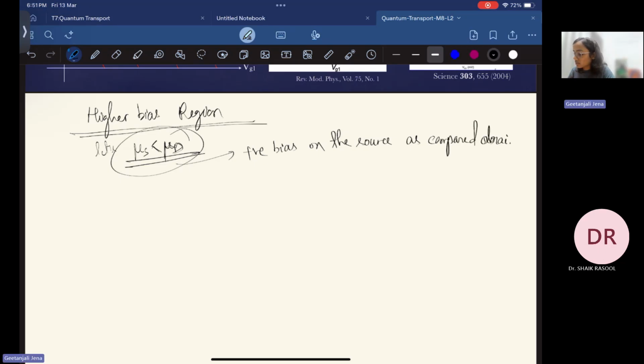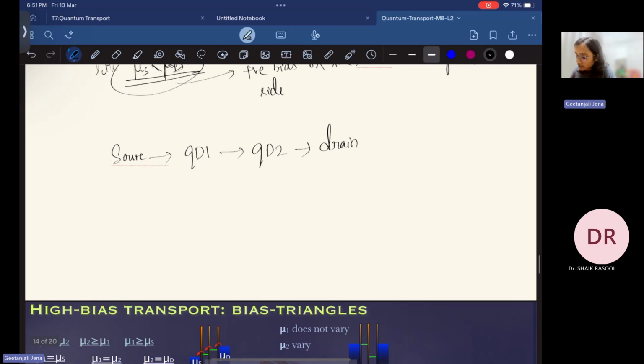So when we apply the positive bias, it will lower the energy levels of the source side or the drain side. Depending on that, the chemical potential will also get lowered. So for this case, the charge transport will occur across, so we have four regions: source, then quantum dot 1, quantum dot 2, and drain.